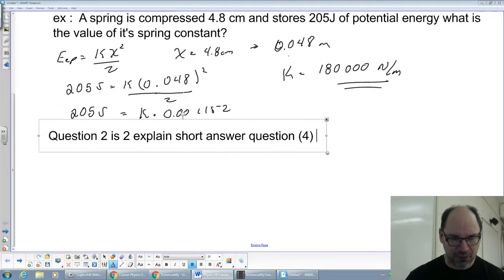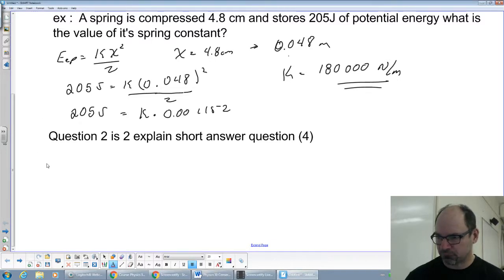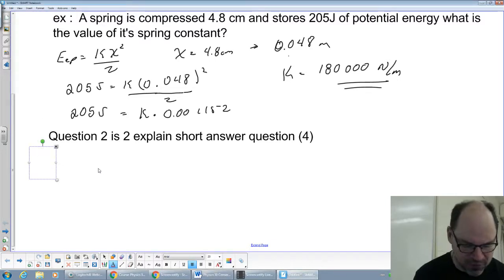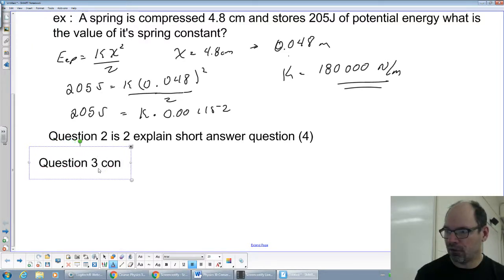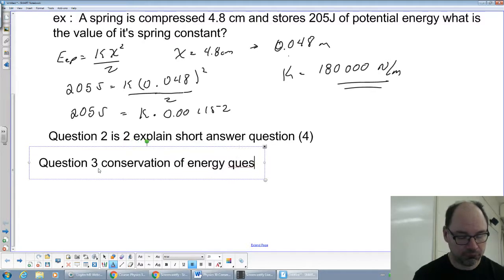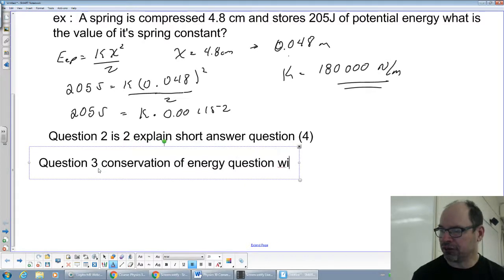Number 3 is a conservation of energy question without friction.